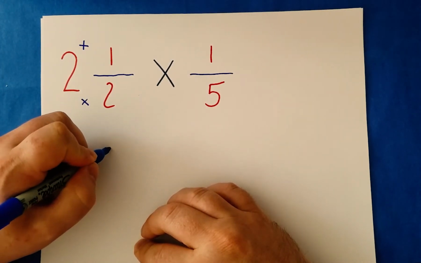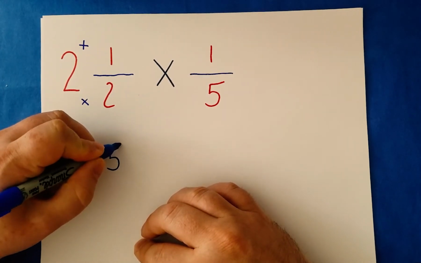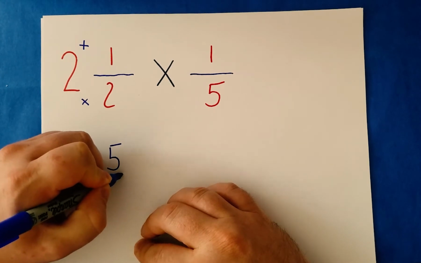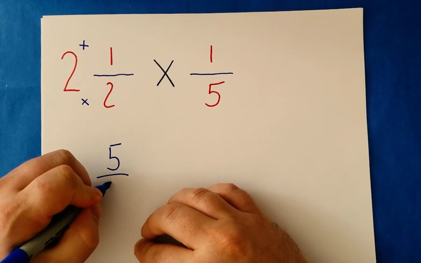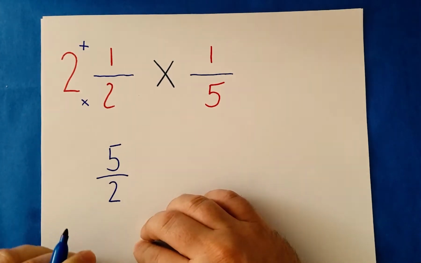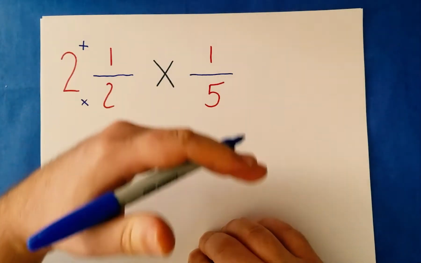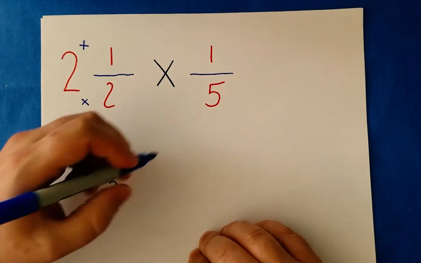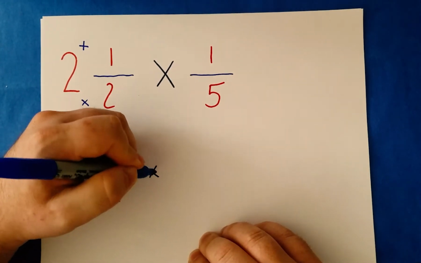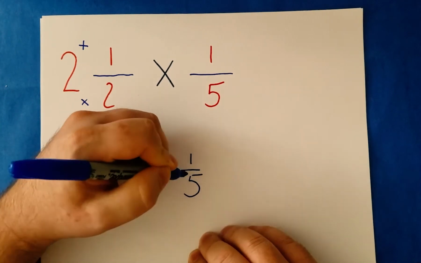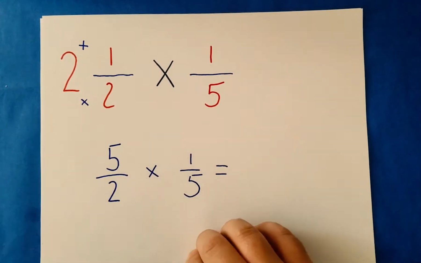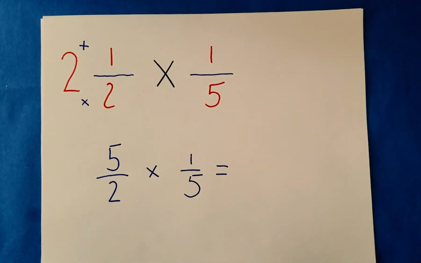Our new numerator is 5. And our denominator remains 2. Your denominator will never change. Now, bring down the rest of your problem. Times 1/5 equals. So now this looks more familiar.